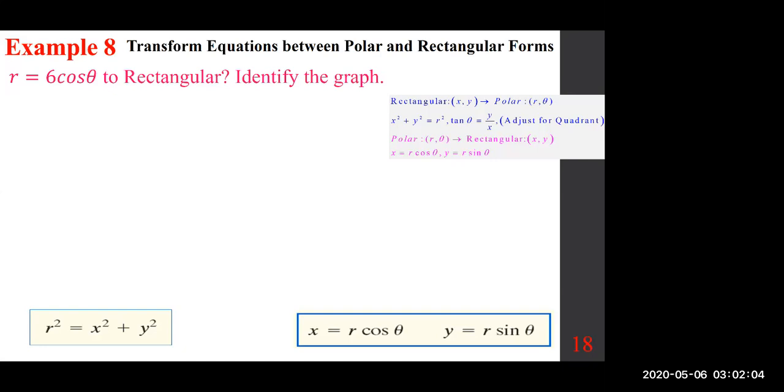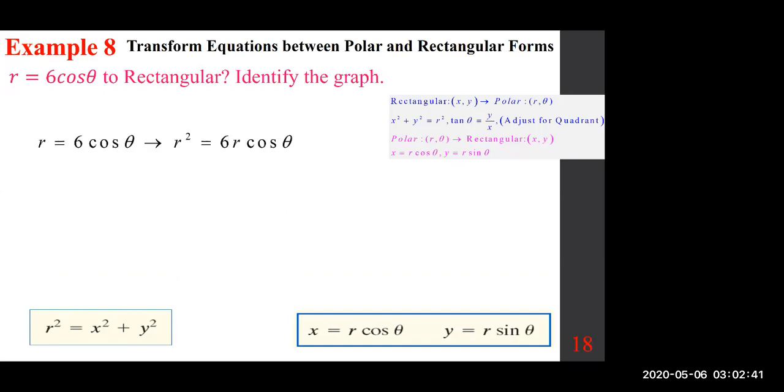And it practically can be used here. What trick do you think will do the job here? When we did, not the previous example, the one before that, we had r and then sine, and we multiplied by r. If you have r and cosine, we do exactly the same thing. So multiply by r.